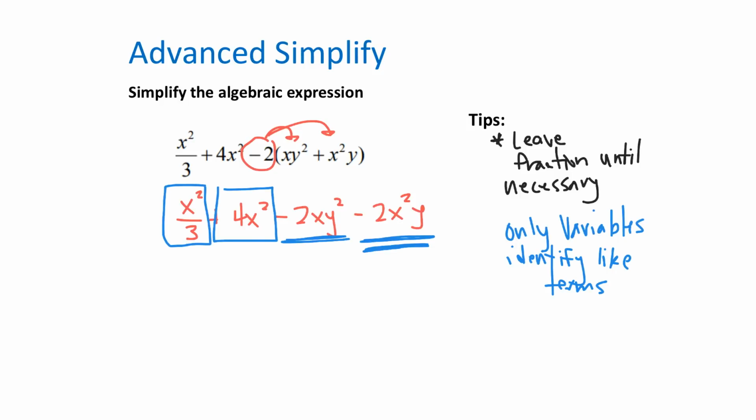Now one easy thing that you can do with this, if you remember adding fractions at all throughout your elementary school, this is 1/3 x squared, and this is plus 4x squared. Now, what I told you on the previous page is that we only have to worry about the numbers. So once I've identified these like terms, really all I'm working with is 1/3 plus 4, and I can write that a little bit differently.